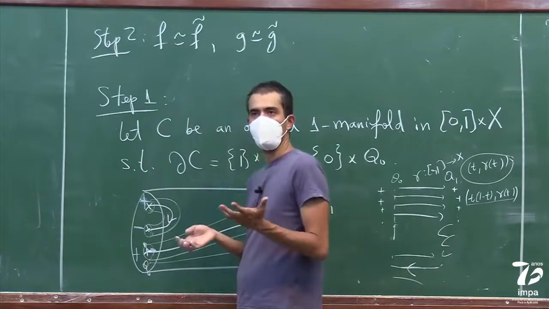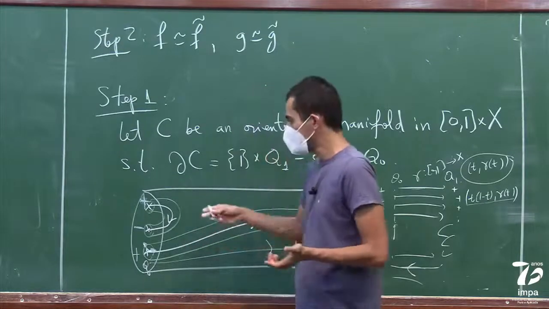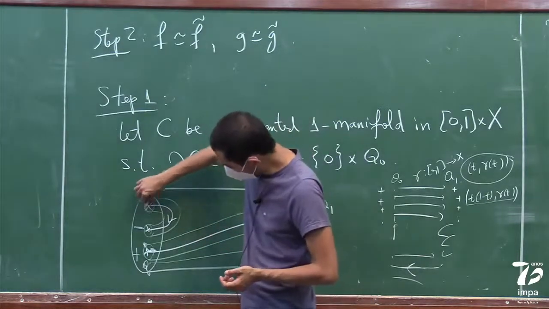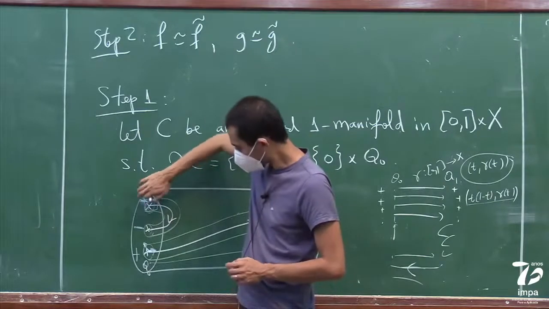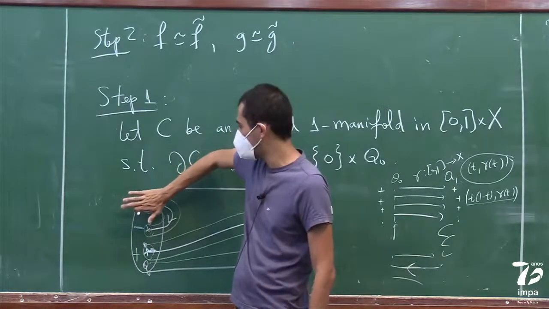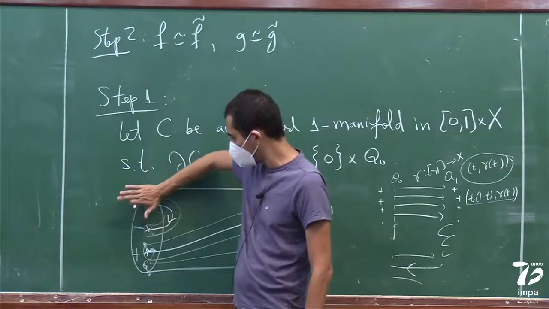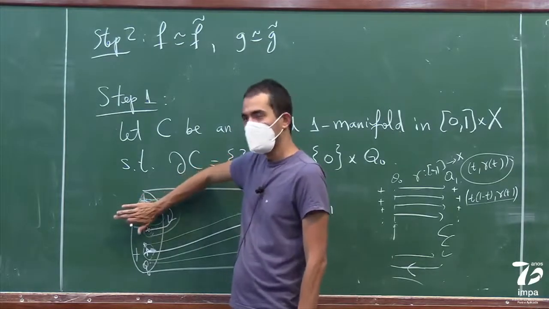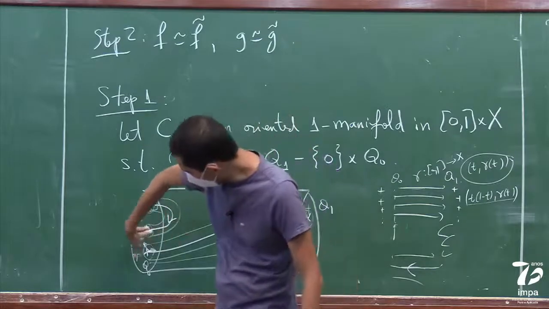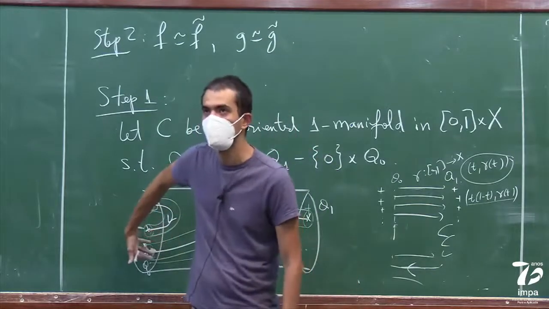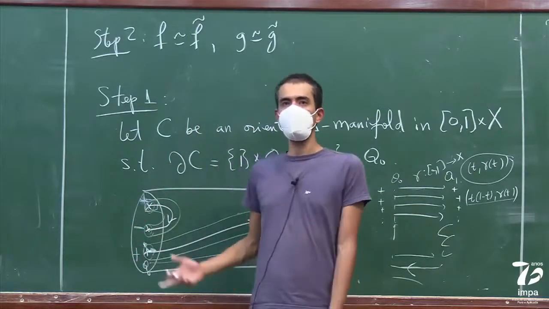This is a kind of topology exercise, to see that when you look at the normal space here and identify it with the tangent space, and you go along this curve, the normal space identifies with the tangent space here, but with the opposite orientation. That's why this works too.